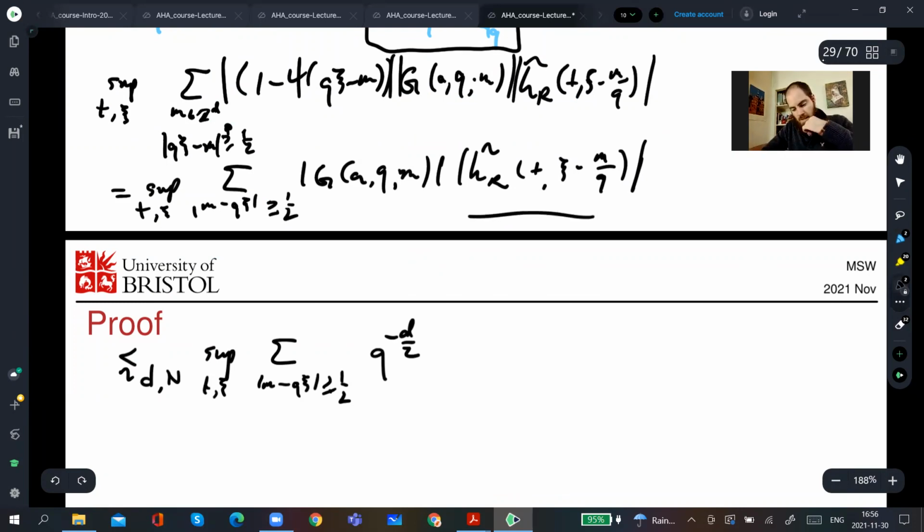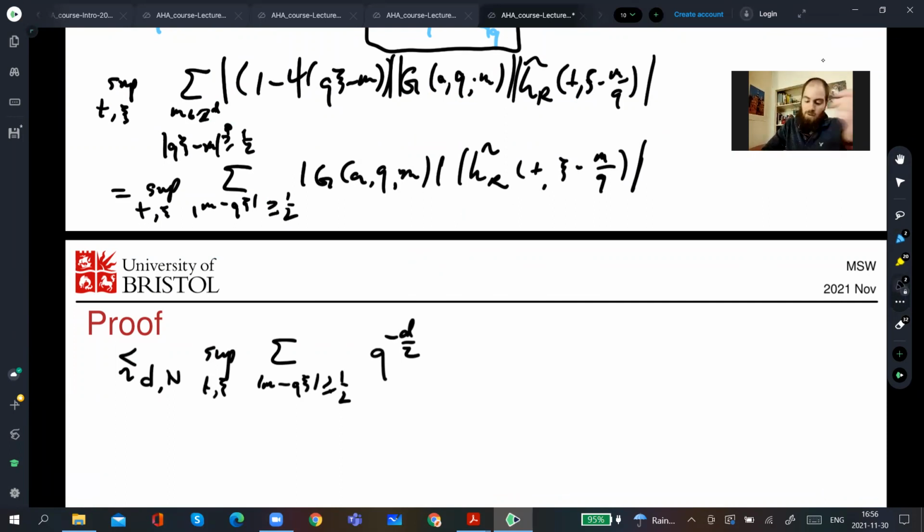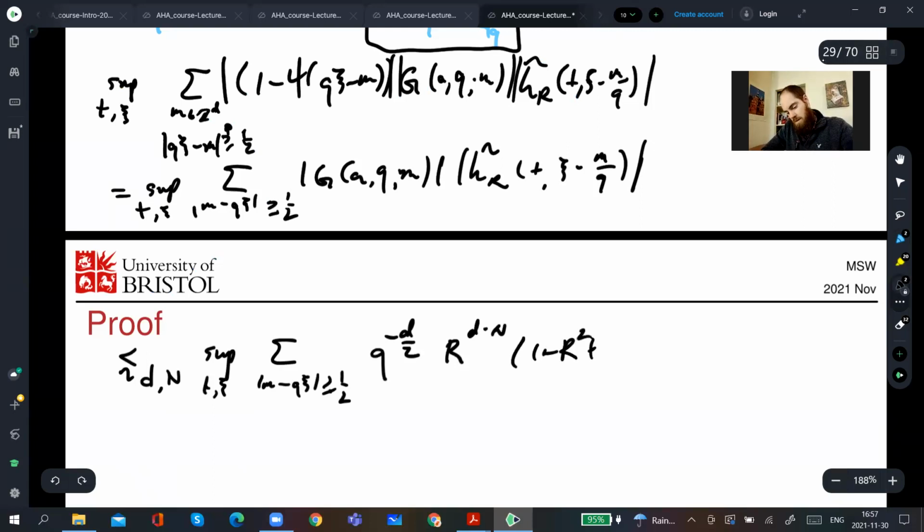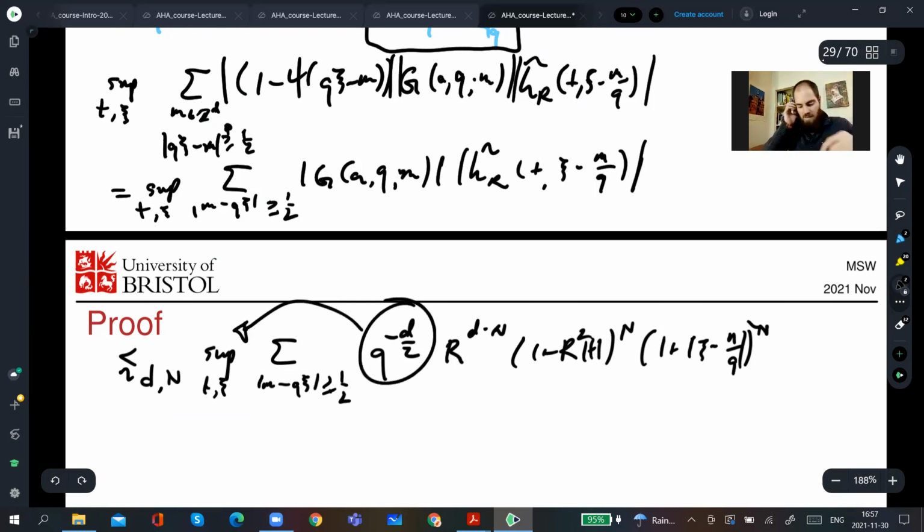What's the bound for this Fourier transform? Well, I just said that, and I've already forgotten. Okay, right: r to the d minus n, 1 plus r squared t, and 1 plus c minus n over q to the minus n. So that bound comes out. Actually, all of this depends on things right here. So this is, of course, just q to the minus d over 2.